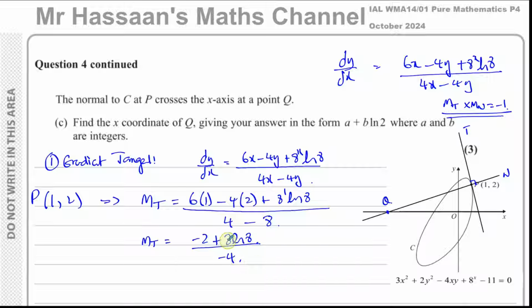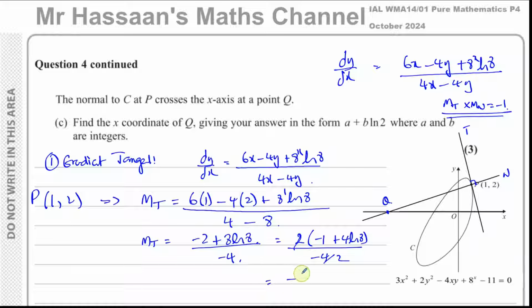Okay, so that's the gradient of the tangent in its exact form, which we want to keep in this form. I can simplify a little bit. For example, I can take out 2. I'll have minus 1 plus 4 ln 8 over minus 4. So I can cancel that out.